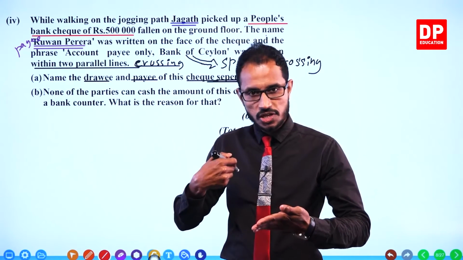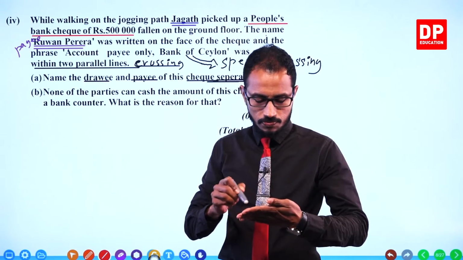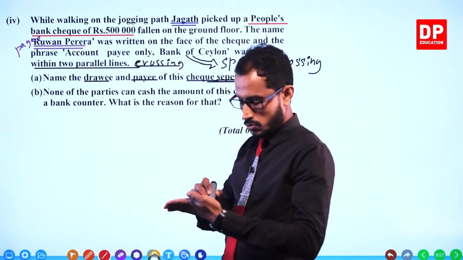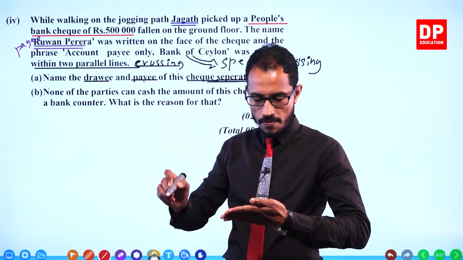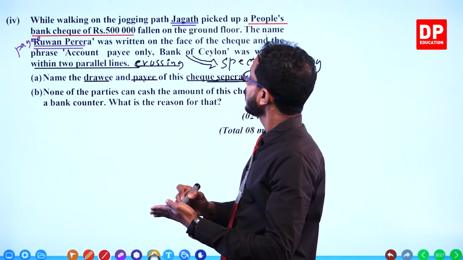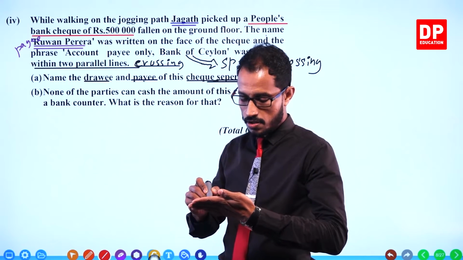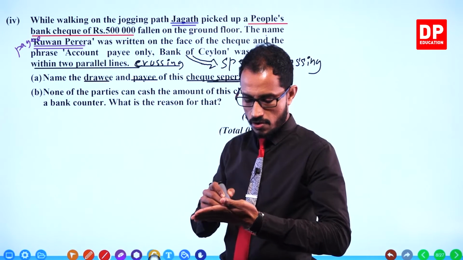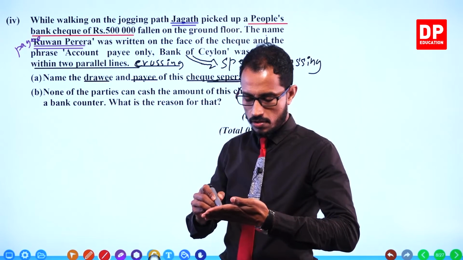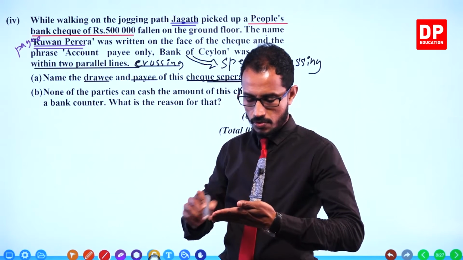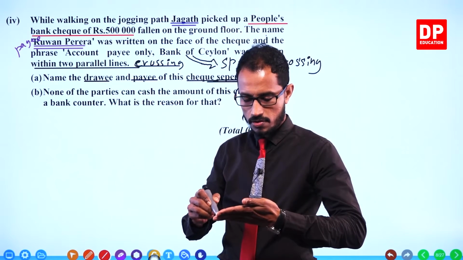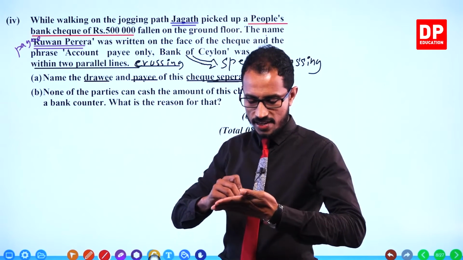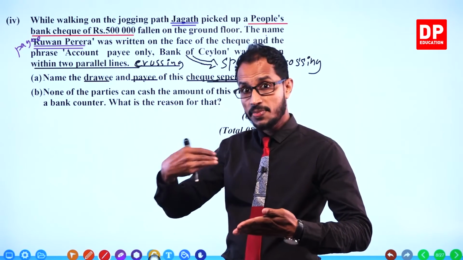Let's say I wrote the check. I'm the drawer. I wrote Ruan Pereira, 500,000, and in numbers also 500,000, and I signed it. I'm the drawer.